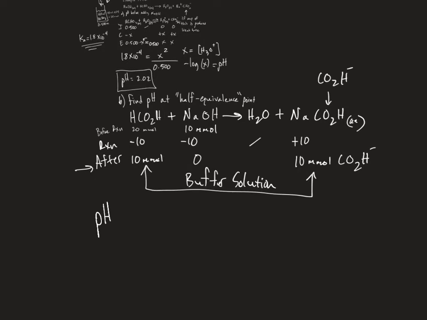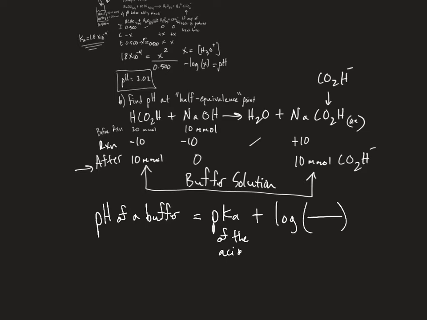The pH of a buffer solution equals the pKa of the acid plus the log of a ratio. What is that ratio? In class, we said the A is in the alphabet, it comes first, so we need our A minus up top and our HA on the bottom.